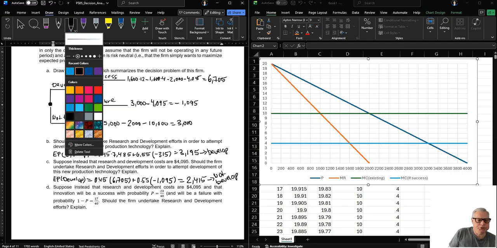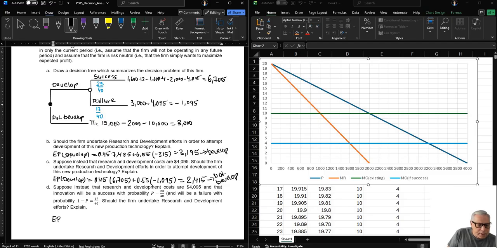So that means the new expected payoff from development is equal to 23/40 times 6,705 plus 17/40 times negative 1,095.